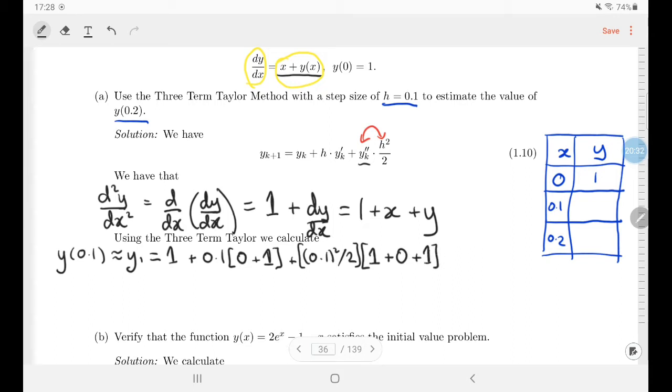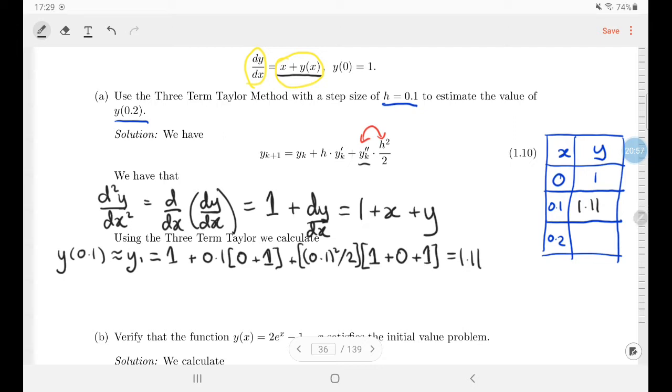And we'll bang that into the calculator and see what we get. 1 plus 0.1 plus 0.1 squared over 2 times the thing in that second bracket, which is 2. And I get 1.11. So that's our approximation to the y value at x equals 0.1.